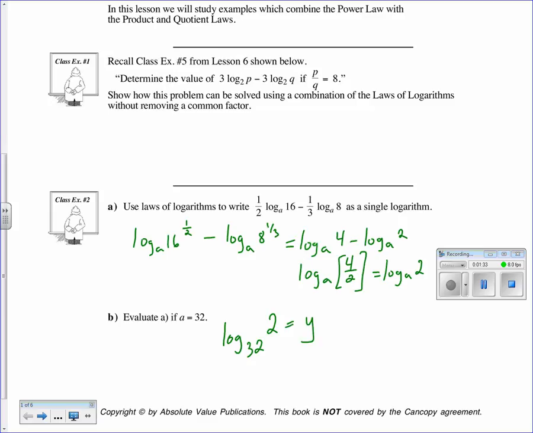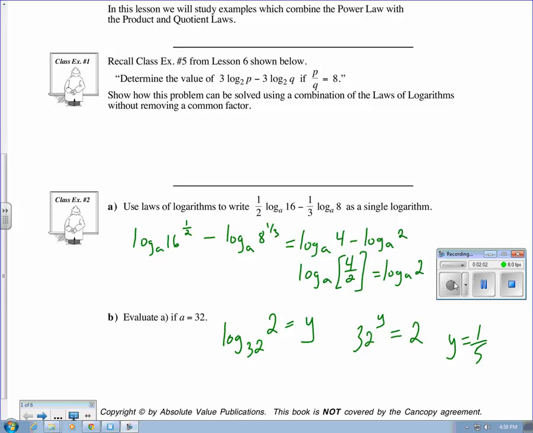I need to figure out what y is. Well, that's asking me 32 to some exponent is equal to 2. And you may or may not recognize that 2 to the power 5 is equal to 32. So when I'm looking at this relationship, I see that y is equal to a fifth.